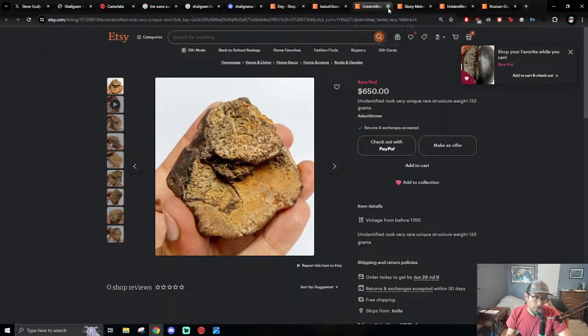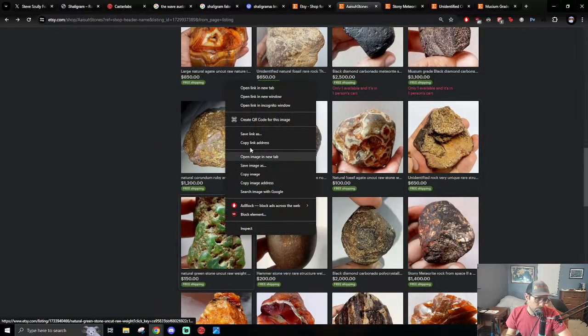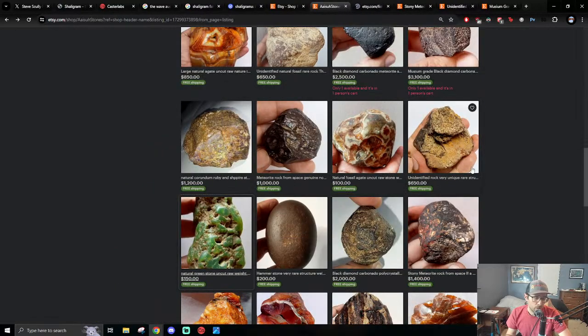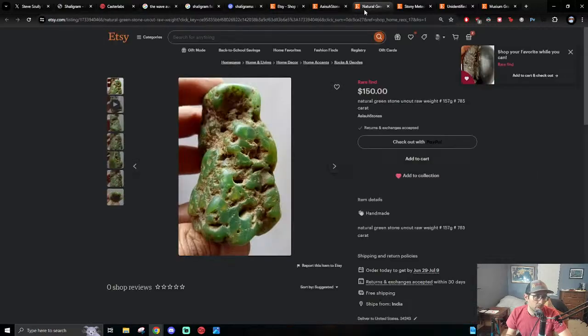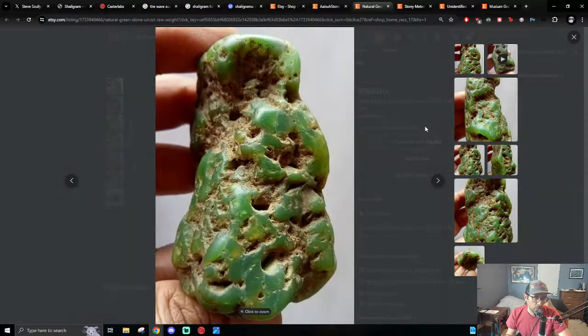I mean, whether or not this stuff I find coolest is the cheapest. Not that it's cheap, but the Shaligram, and this is cool. This is reminiscent of the Scholar Stones.